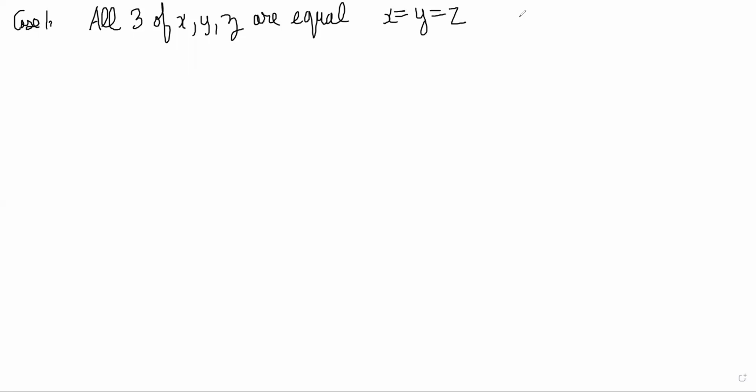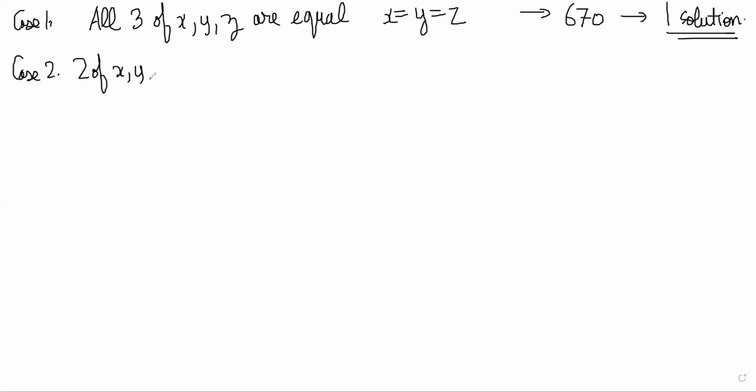Case 1 is when all three of x, y, and z are equal. Suppose x is equal to y is equal to z. Obviously, the answer will be 670, because 670 into 3 will give us 2010. So there is only one solution in this case, correct? Case 2 is the case when two of x, y, and z are equal.